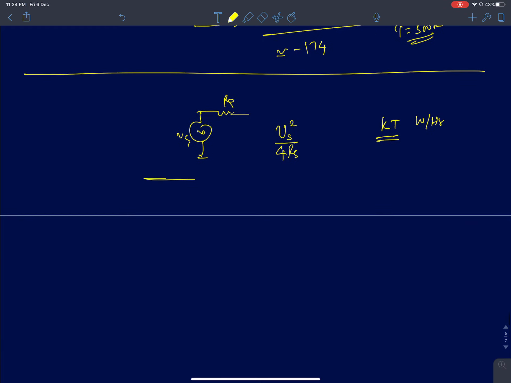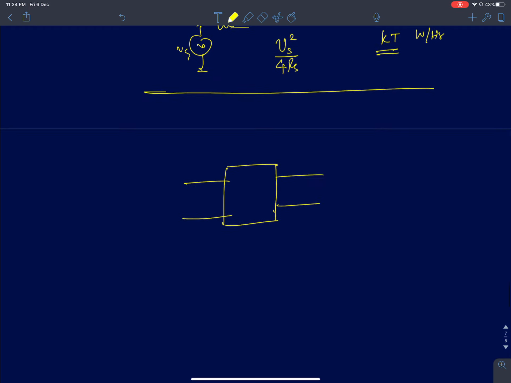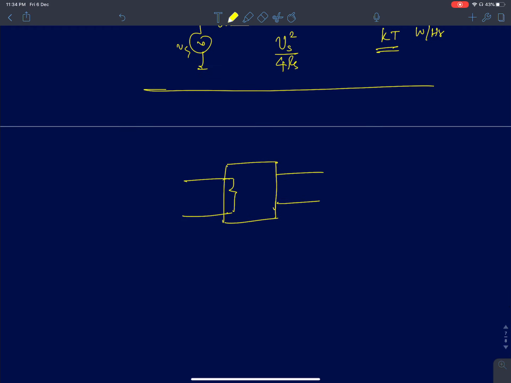Now we will consider a general RF amplifier with two ports or four terminals, with an input port and an output port. It has a finite input resistance, an output resistance, and a voltage gain. I'm going to call it Av, the unloaded voltage gain, Av into Vin.